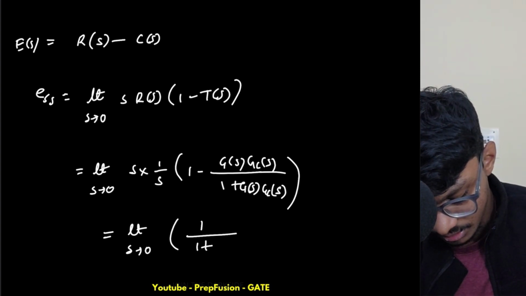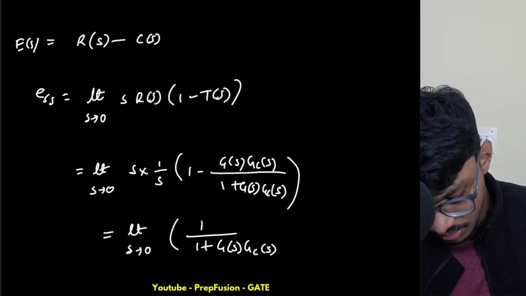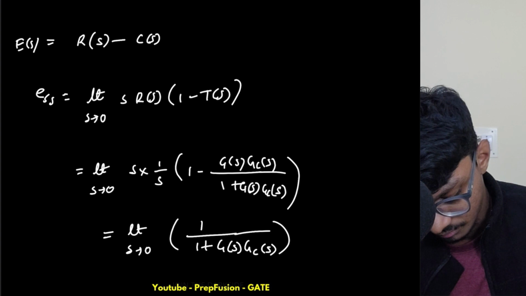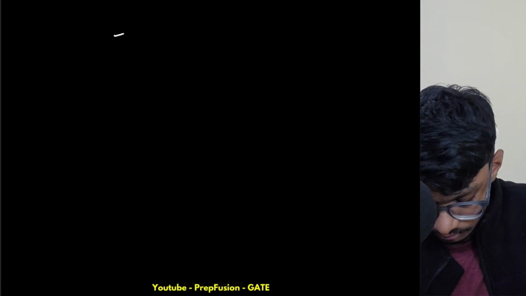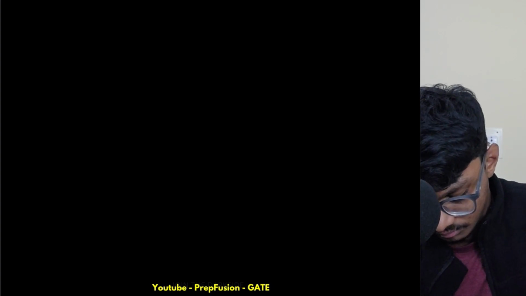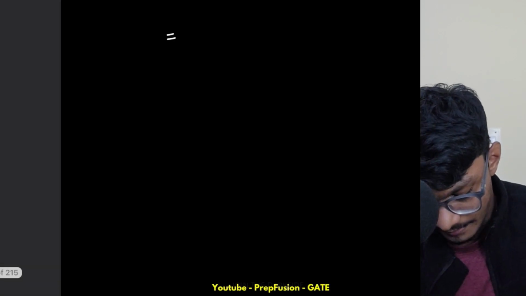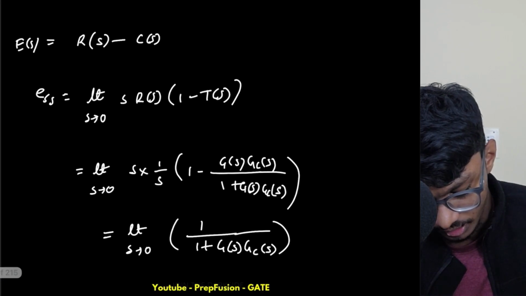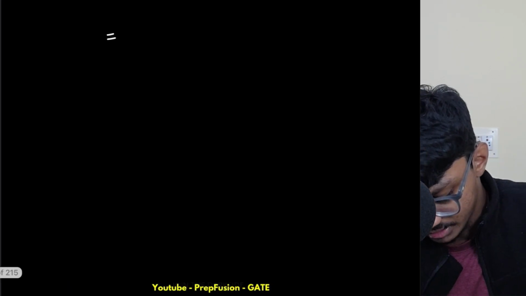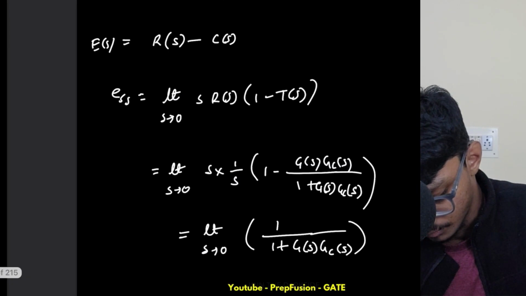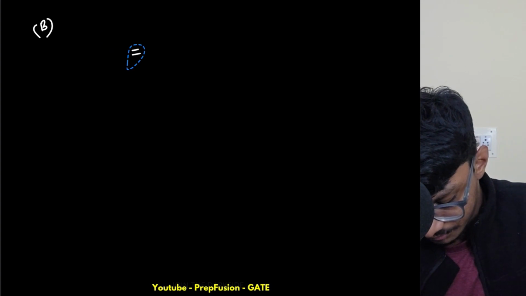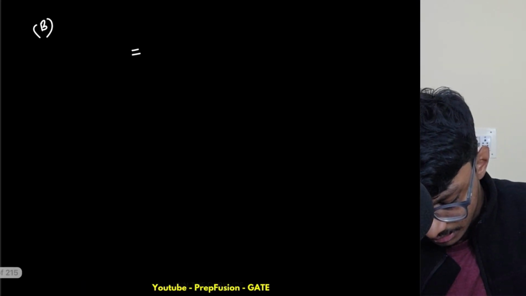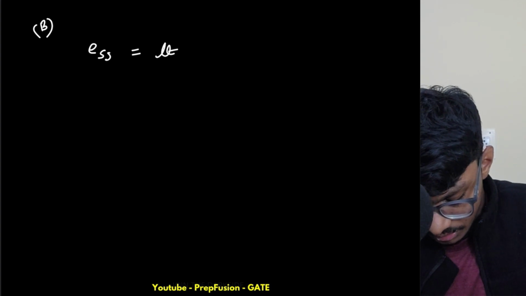So it will be simply G(s) into Gc(s). Now you make s equals to 0. So for the B case, the steady state error is the limit as s tends to 0.